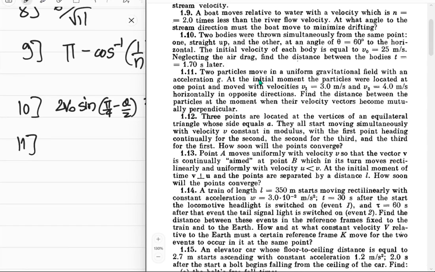Oh, okay. So the distance between them is just the relative velocity times whatever the time required is when that happens. So you want their velocities to become mutually perpendicular. Okay. Wait, but are these velocities horizontal?